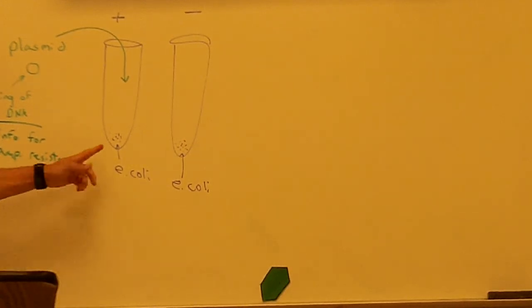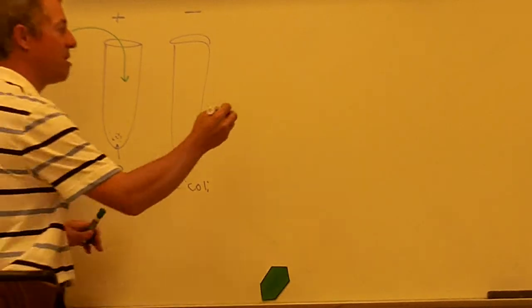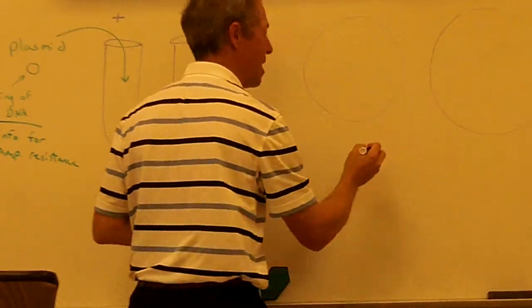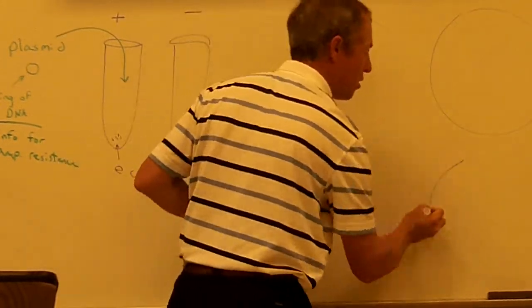So how do we know that this E. coli is different than that E. coli? Because we tested. We need to test it. We test it how? You put it on agar plates. We're going to use 4 plates here.